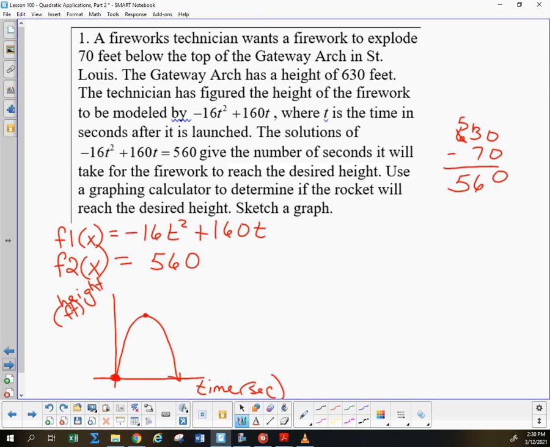We're interested in this vertex, and we don't know if we need to do the 560 up here above it or down here below it. That's what the calculator is going to help us figure out. And then we want to determine if it hits that 560 or not. We're not trying to figure out will it hit the bridge or not. We want it to get to 560 or not. So I will pause and let you guys do that on your calculators, and then we will check.